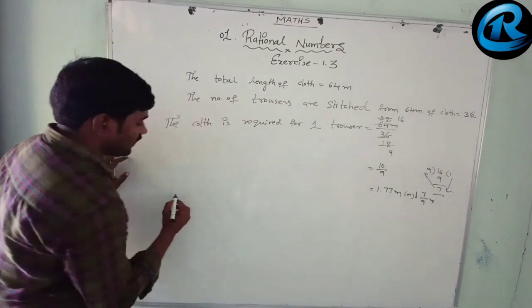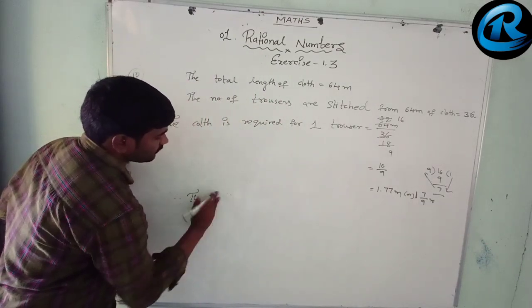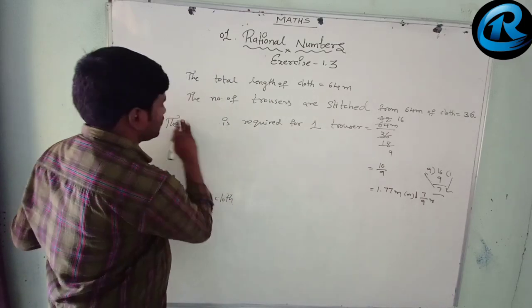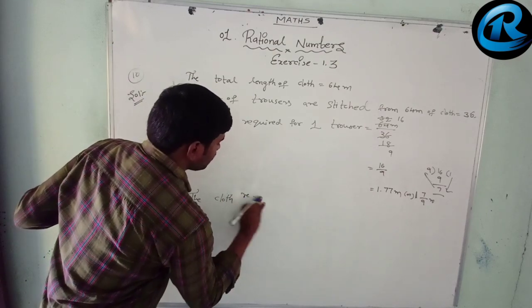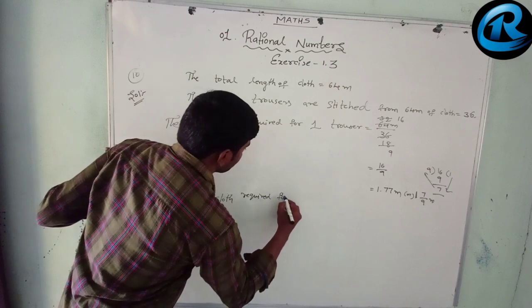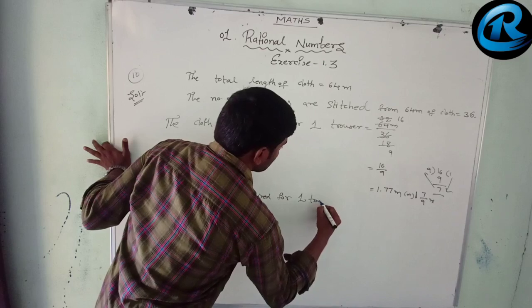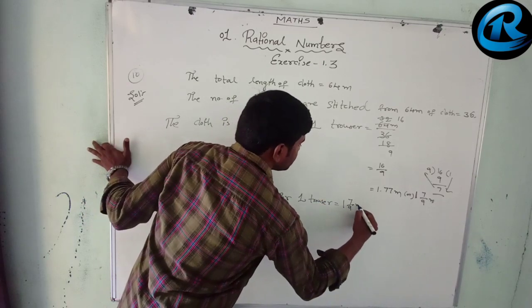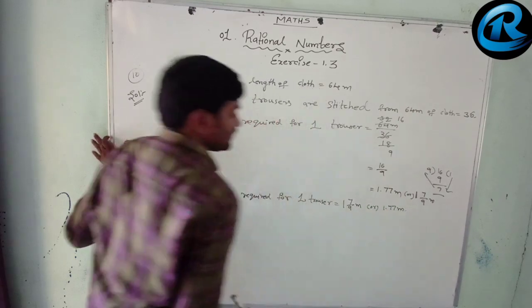So therefore the cloth required for one trouser is equal to 1 whole 7 by 9 meters, or 1.77 meters.